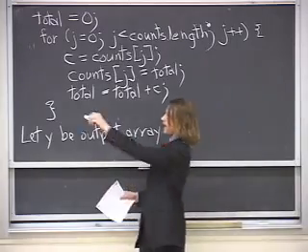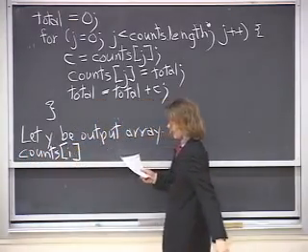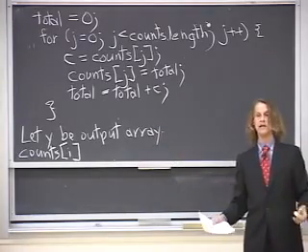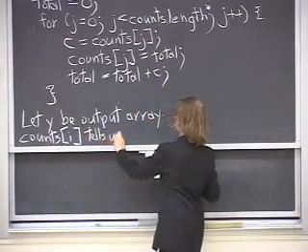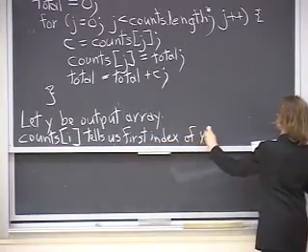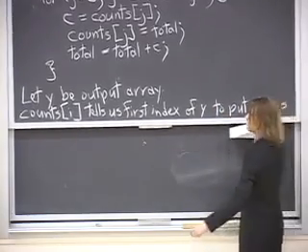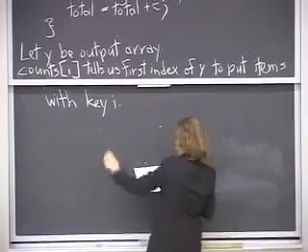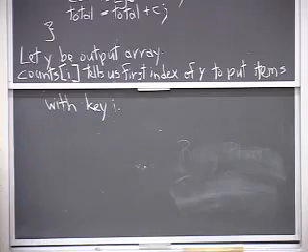So the way this works is that now counts I tells us the first index in the output array Y where we should put items with the key I. So we're going to walk through the array X from start to finish.